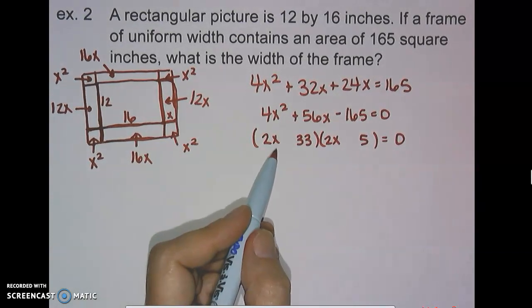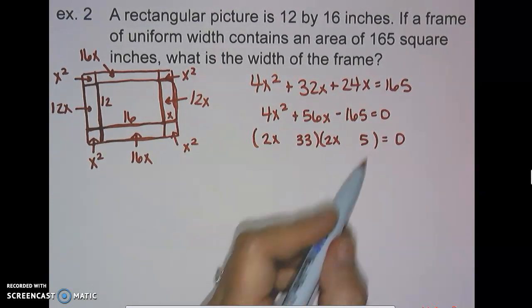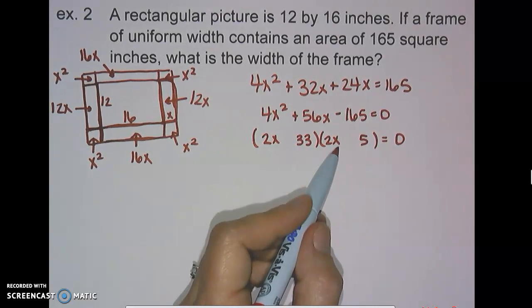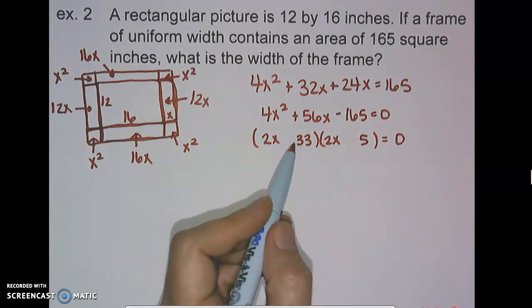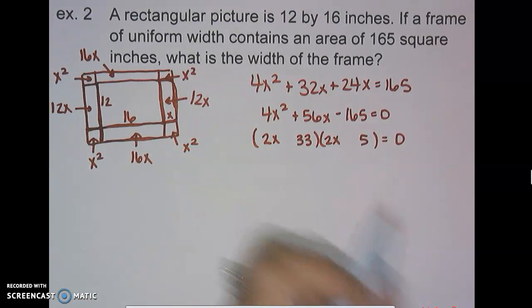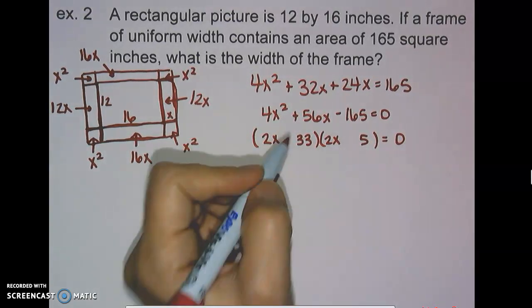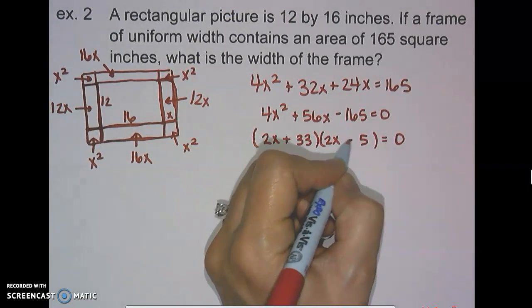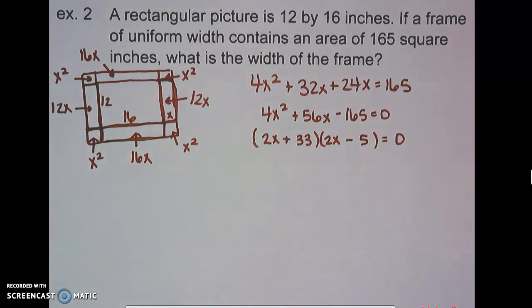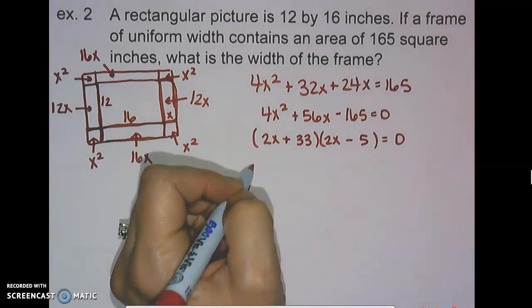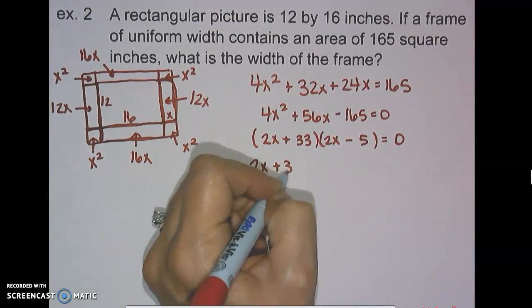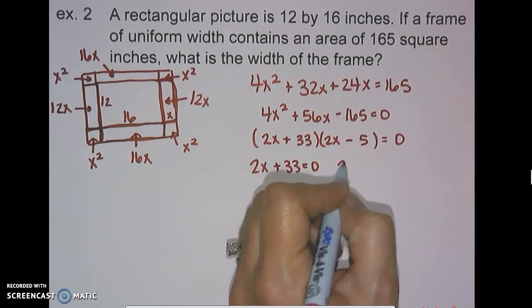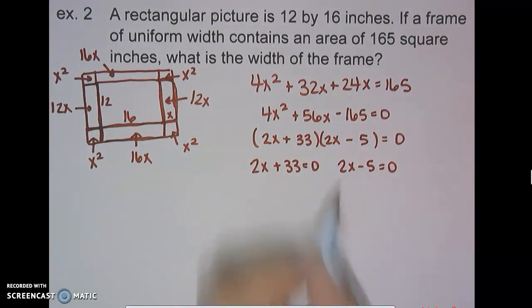Okay, so that would give us 10 and 66. Keeping in mind that these back 2 numbers need to multiply to give us a negative, so we do need one positive and one negative. That means we need 2x plus 33 and 2x minus 5. Once it's factored, we're using the zero product property, so we're setting each of these pieces equal to 0 and solving them.